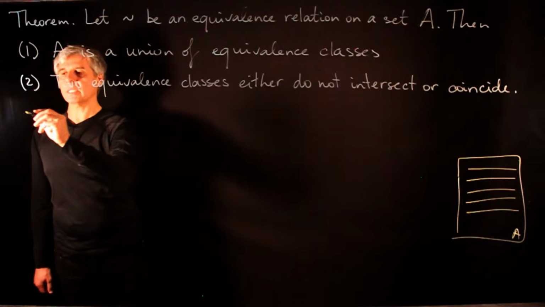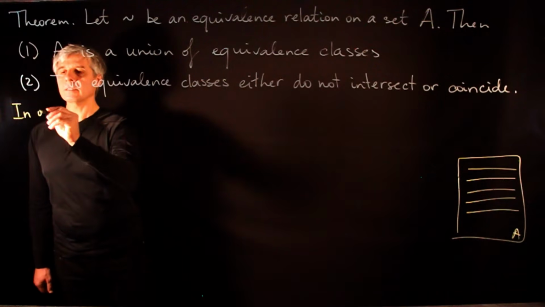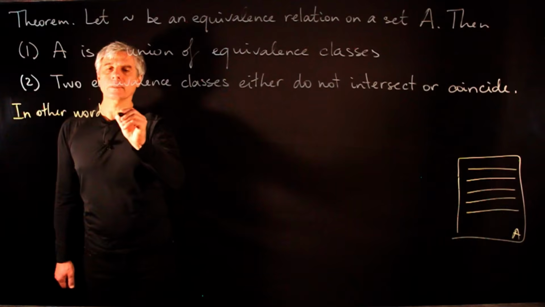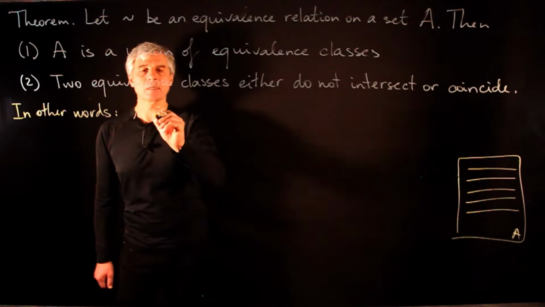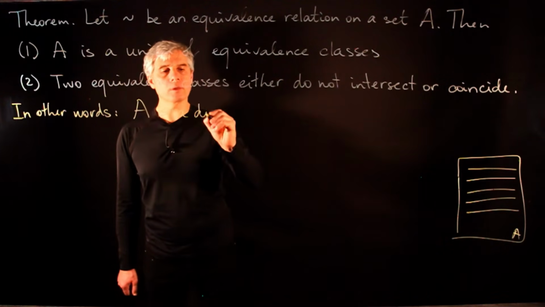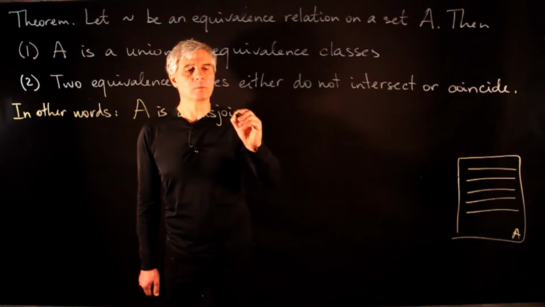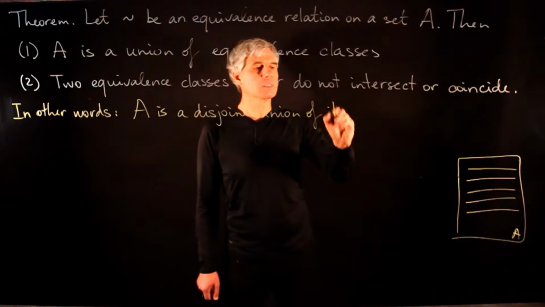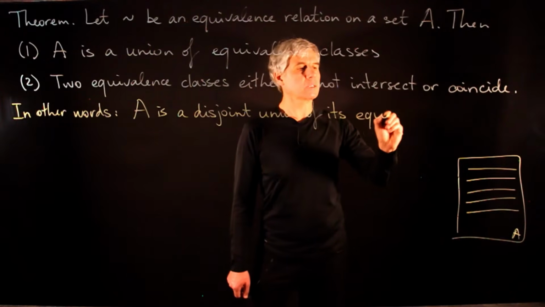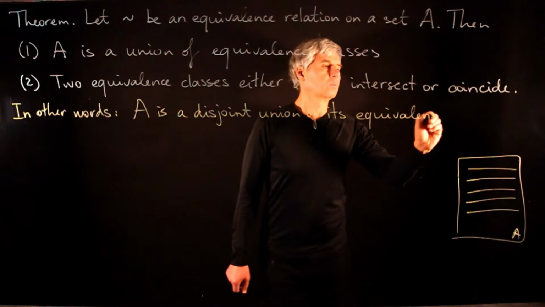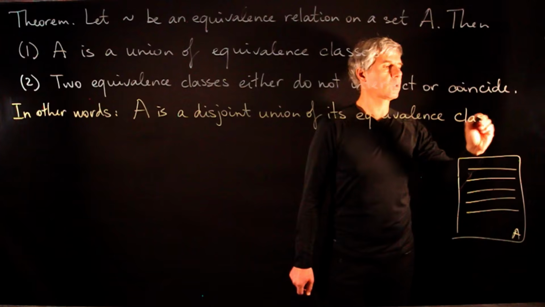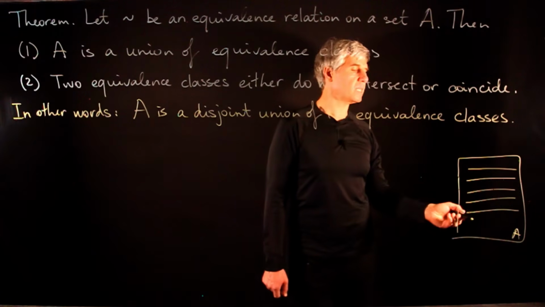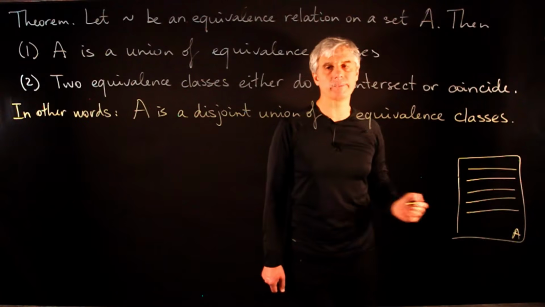So the claim of this theorem may be stated in other words: A is a disjoint union of its equivalence classes. So we can write A as a union of equivalence classes that do not overlap.